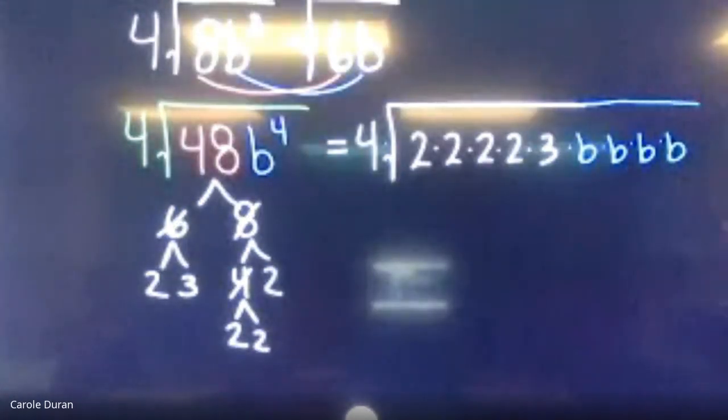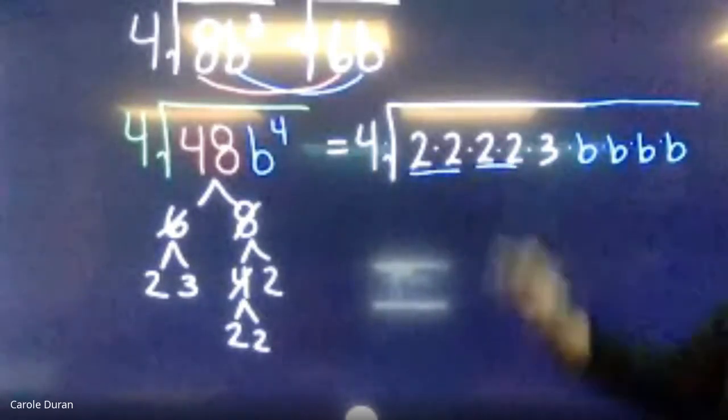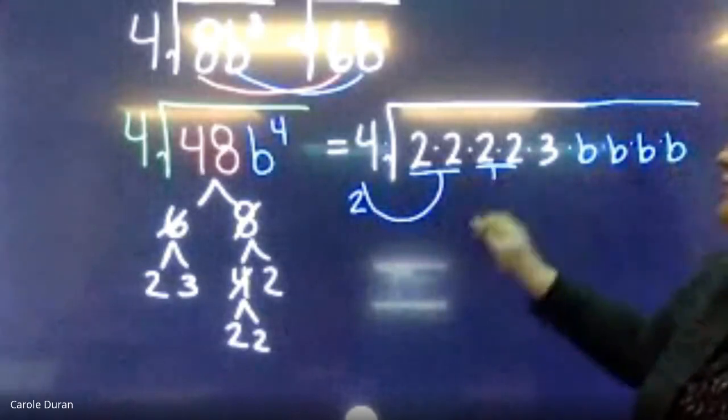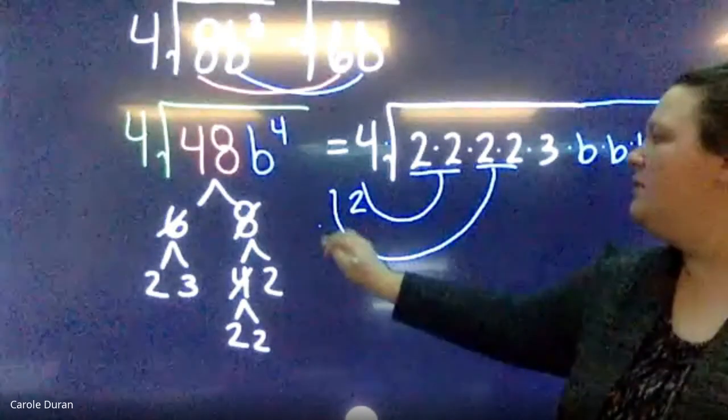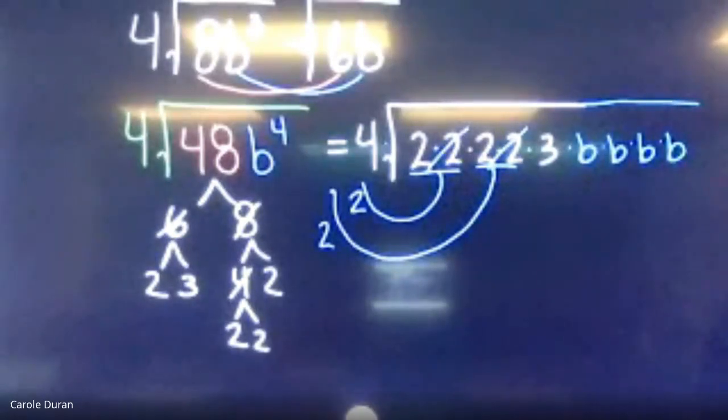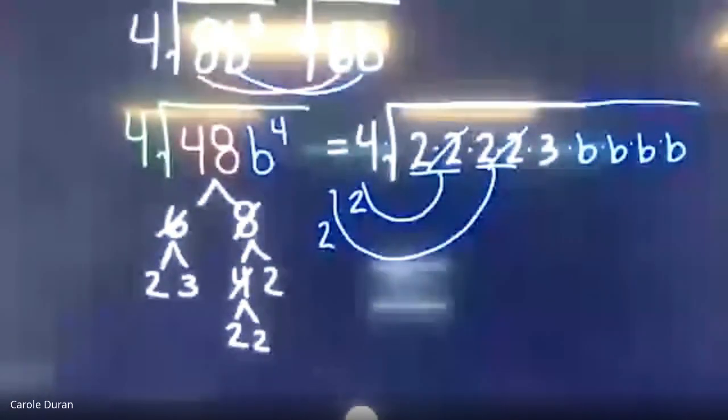Yes, I have 2 sets of 2, which means each of these is going to pull a 2 out front. The 3 can't group with anything, so it's going to stay. Do I have any groups of b that are going to come out front? Yes, how many? 2.